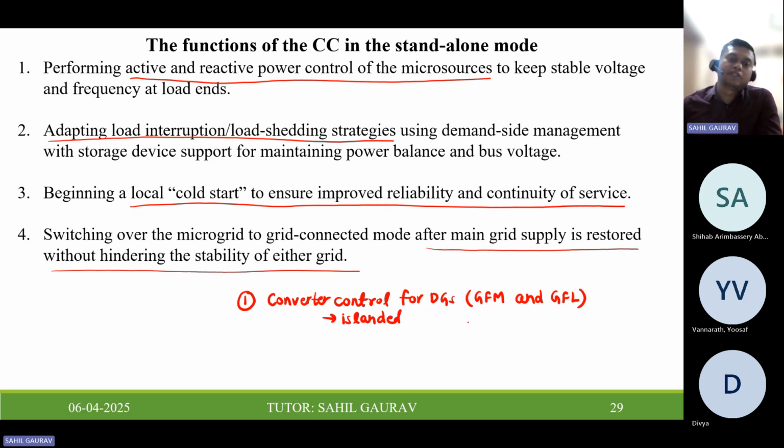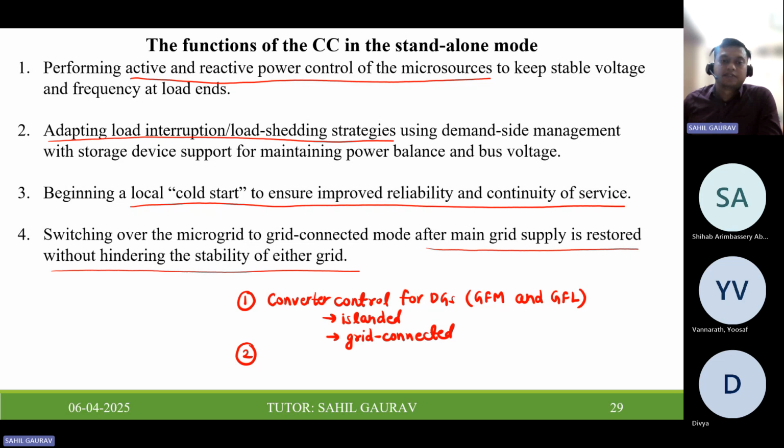Some converter controls are also defined as grid supporting converters, but they are basically a combination of grid forming and grid following only. And converter control for grid connected operation, and there are many controls that operate in both conditions, so that is more generalized.